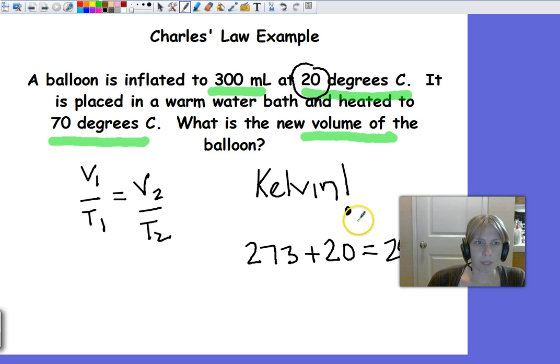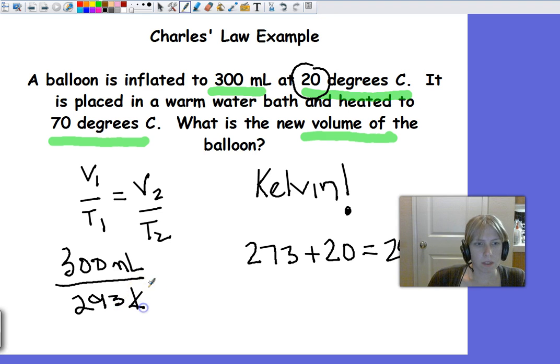So that's going to be our initial volume, or sorry, our initial temperature. So we have 300 milliliters over 293 Kelvin equals, we're looking for our new volume, which is going to give us an answer in milliliters.